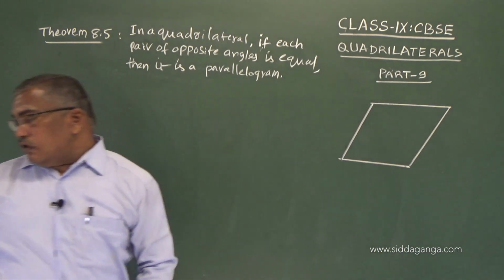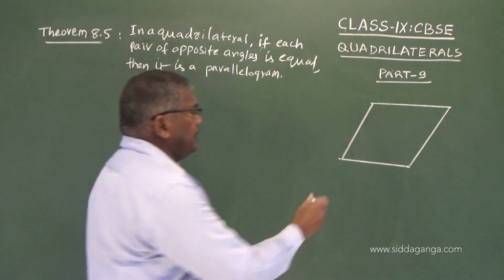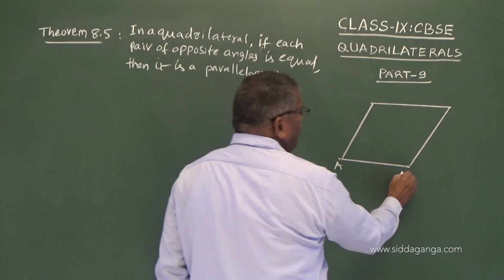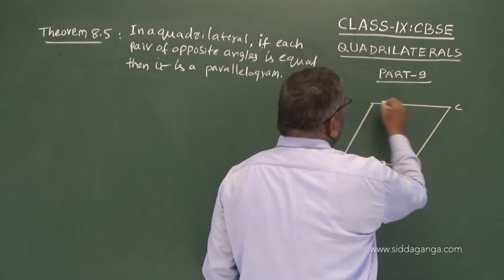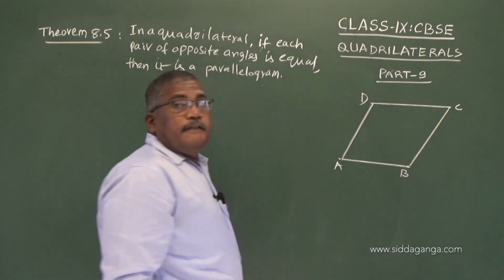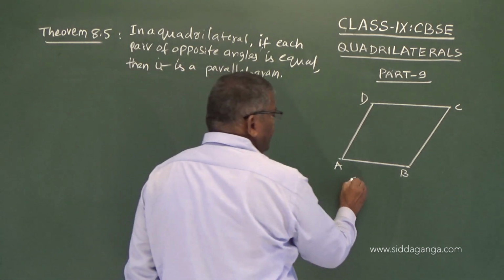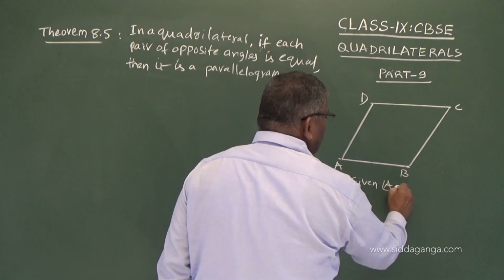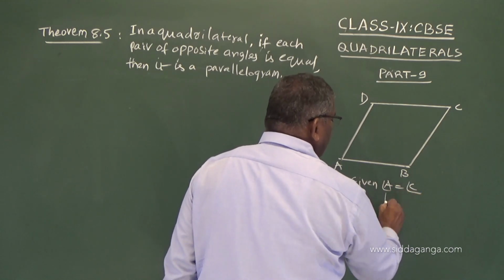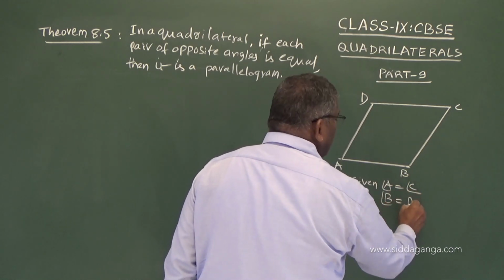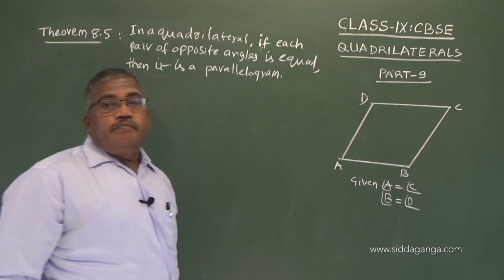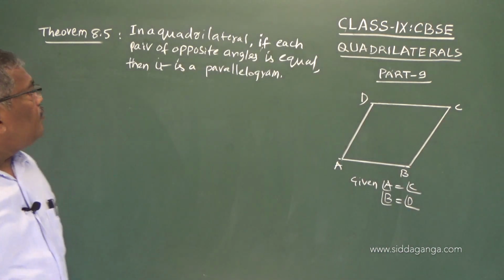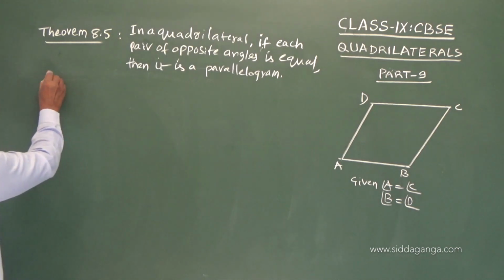So this is what is given, ABCD, a quadrilateral, with angle A equals angle C, angle B equals angle D.